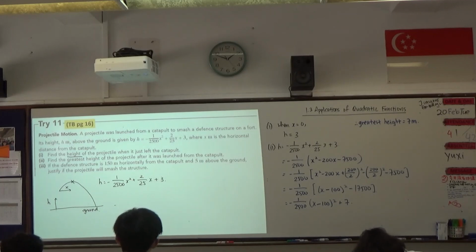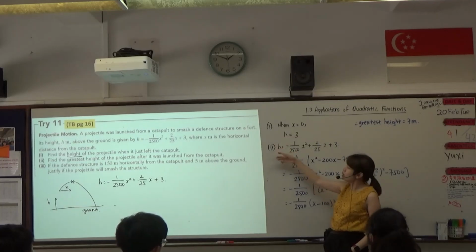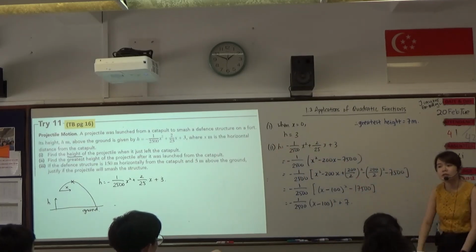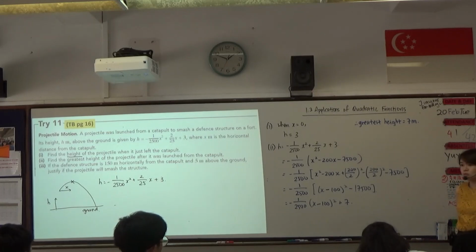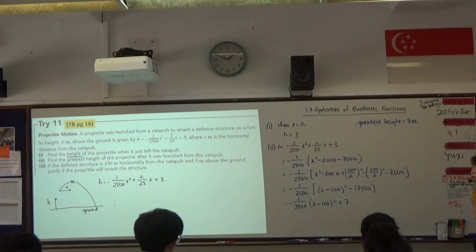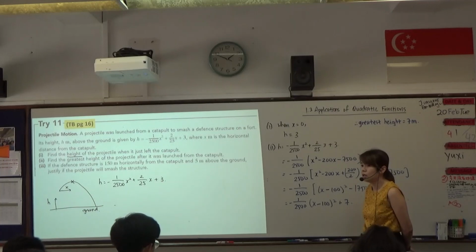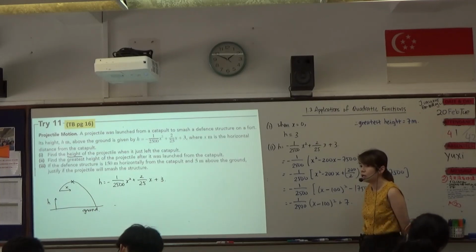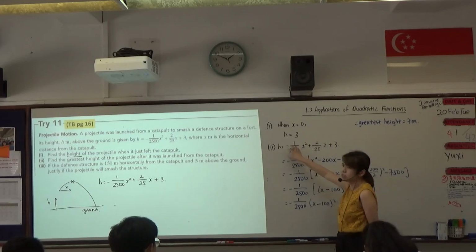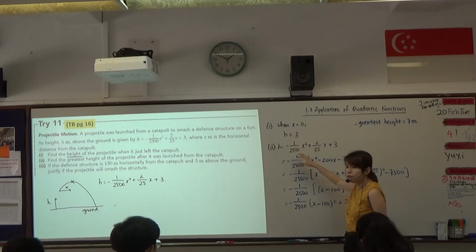No, because this is h over here, it is a function. You cannot just multiply. It's not a correct process of completing the square. Yes, question? You factorize out only the negative without the 1 over 2,500, so you cannot do completing the square.